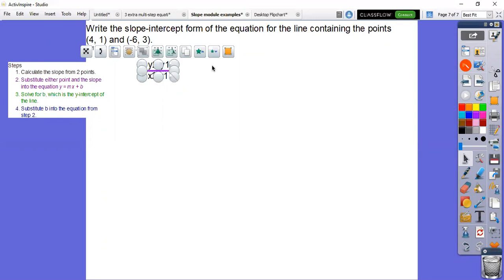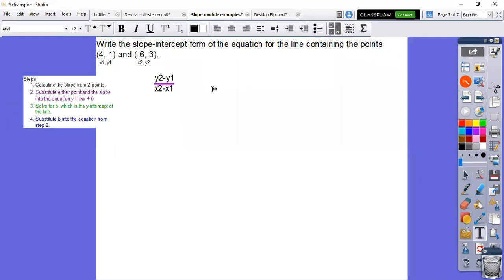All right, so I'm going to plug in. I'm going to have 3 minus 1, my y2 minus y1. And for my x2 minus x1, negative 6 minus 4. 3 minus 1 is 2.